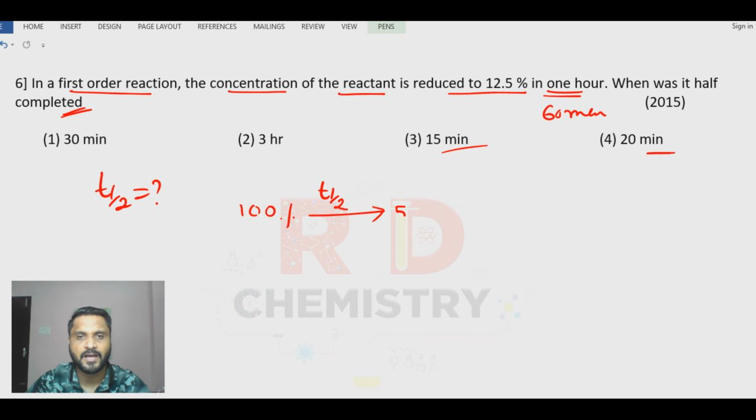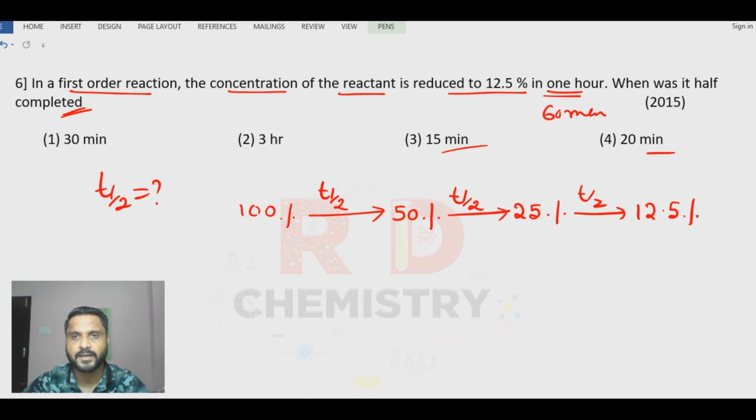In the first T half become exactly 50 percentage, 50% remains. We'll go for one more T half so that it becomes now 25 percentage, correct? Go for one more T half, so it will be equal to 12.5 percentage, correct?